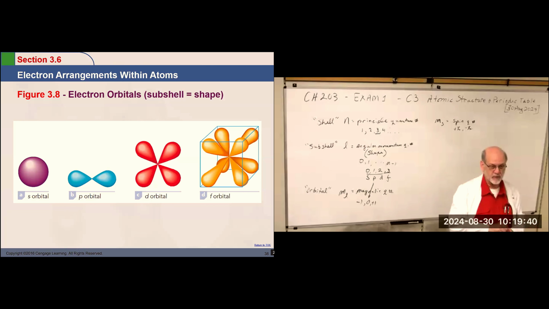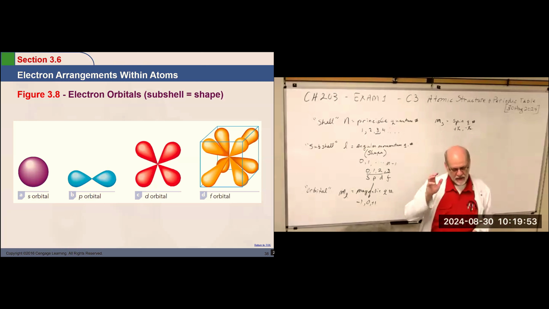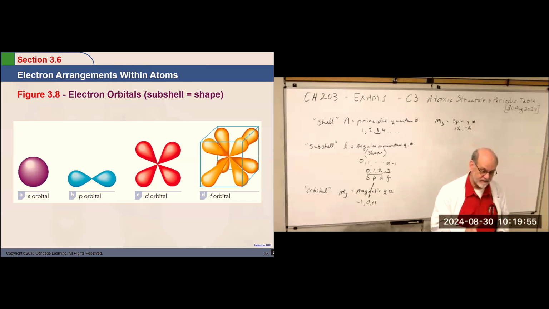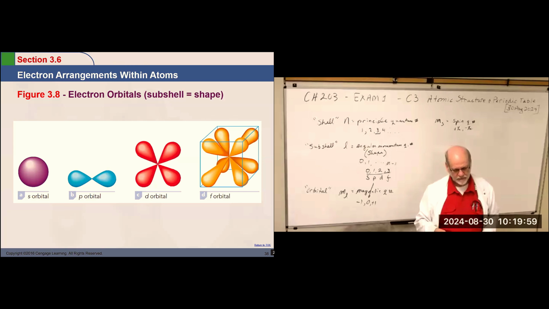They're statistically predicted by the equations. Okay. We don't have a microscope that can see them. But they quantify where the electrons are most likely to be found and their energies. So that way, we can make predictions about movements of electrons, reactions that may occur, those types of things.